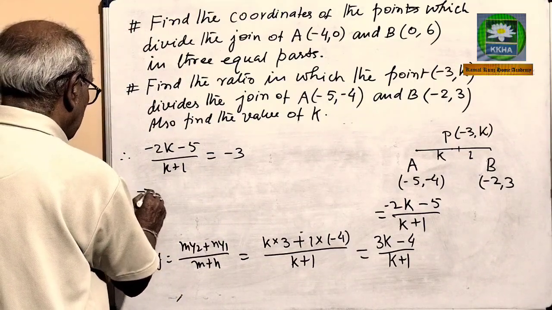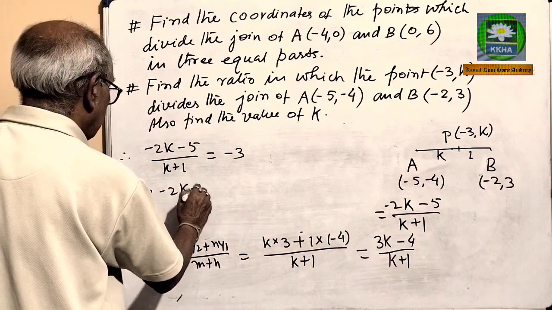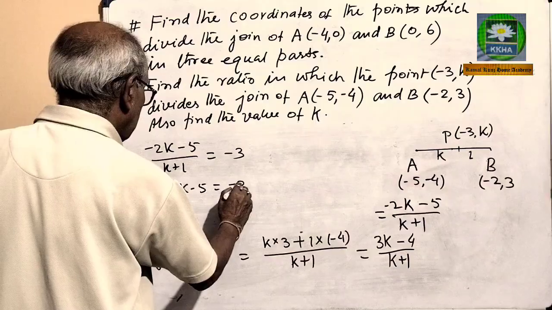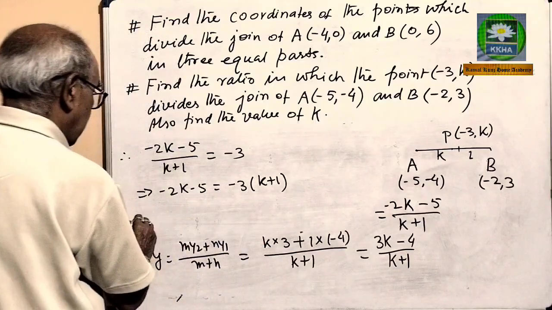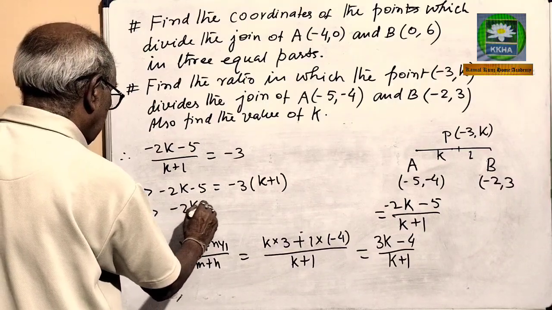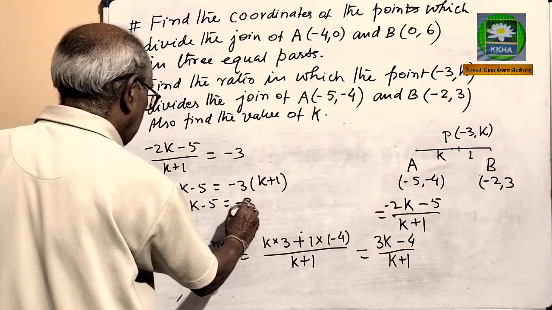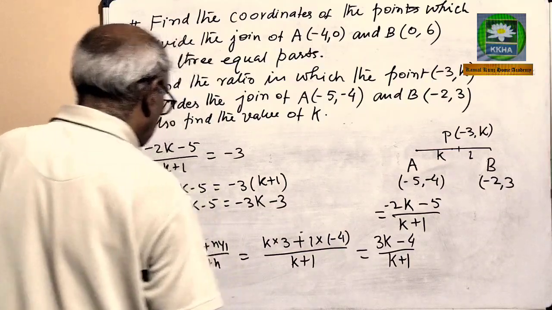This implies that minus 2k minus 5 equal to minus 3 times k plus 1, so minus 2k minus 5 equal to minus 3k minus 3.